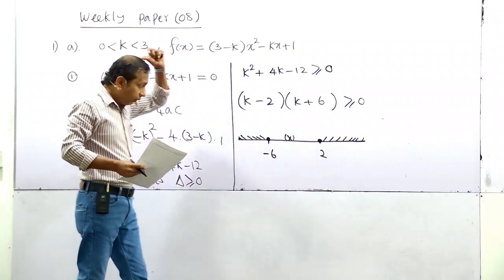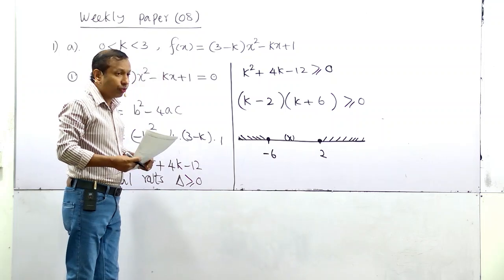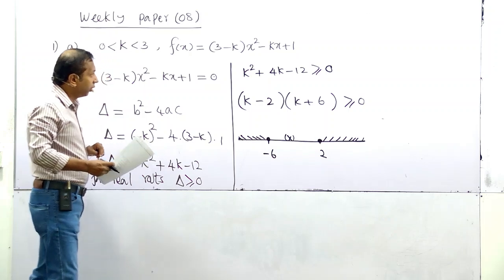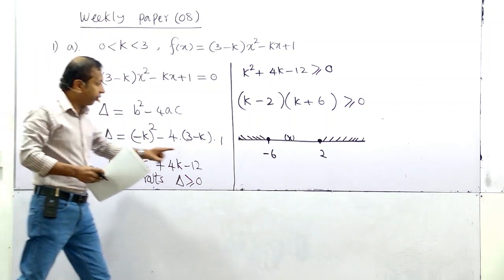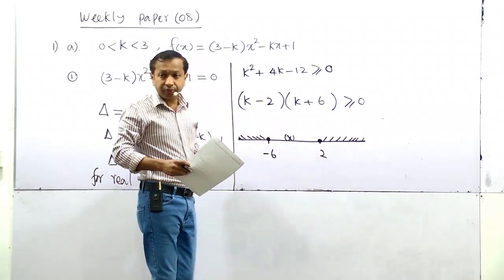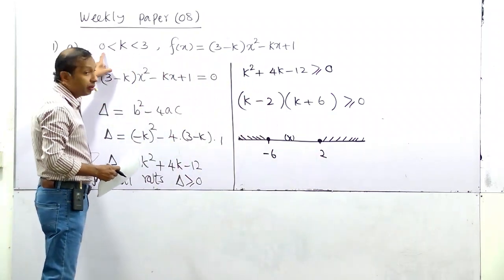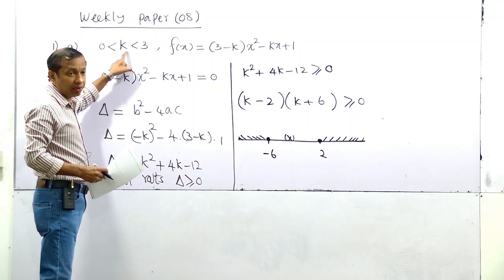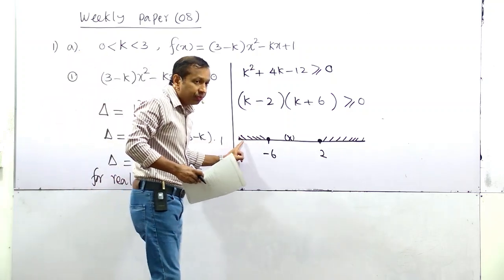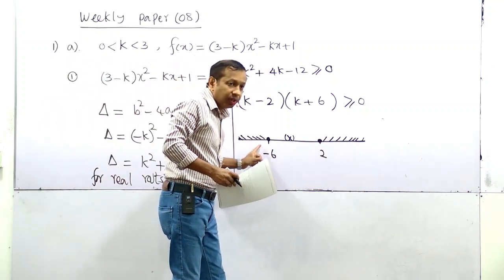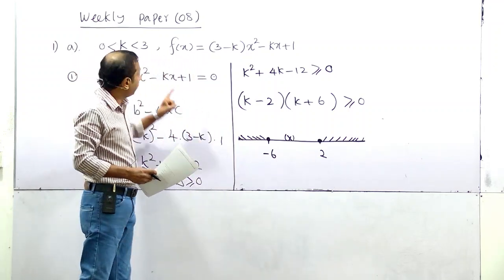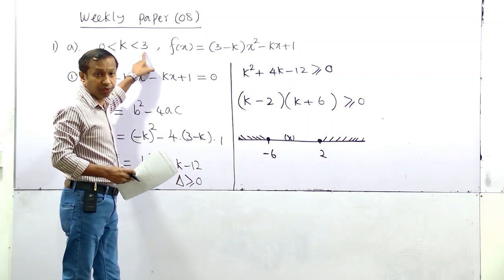Okay. Now, we are asked to find the range of k for the roots to be real. This is the range of k for the roots to be real. But remember, we are given at the very beginning that k lies between 0 and 3. Therefore, we can't accept all of this range. We have to accept subject to the condition on the range of k.